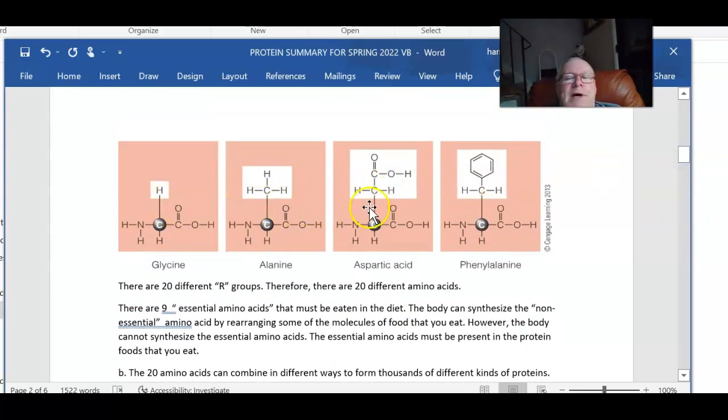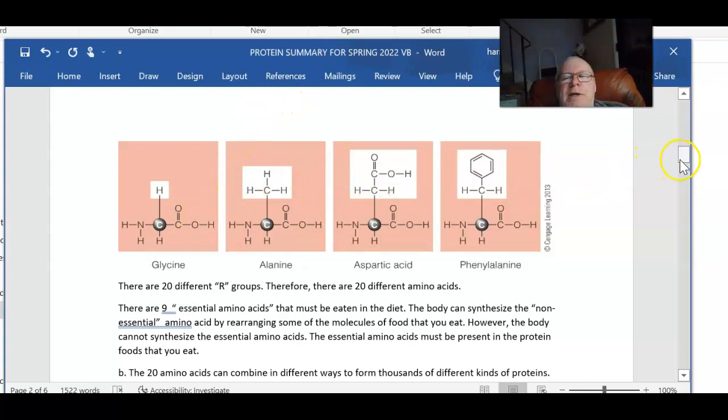Now, there are 20 different amino acids in the body that make up all those different proteins that I've shown you earlier. Most of them your body can make. You eat what you want, and your body jiggles things around. Your liver converts things from one thing to another, takes things apart, puts them back together, and you wind up with amino acids.